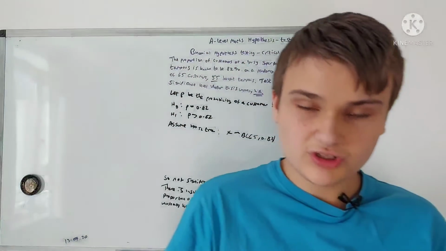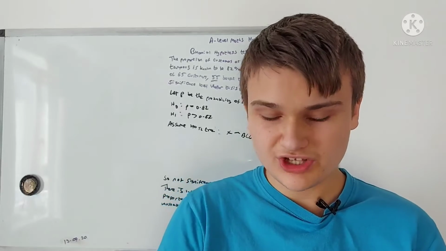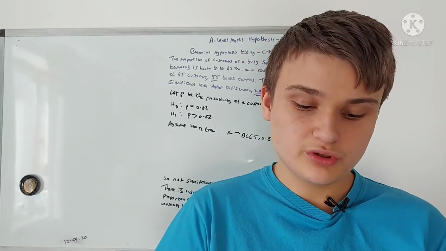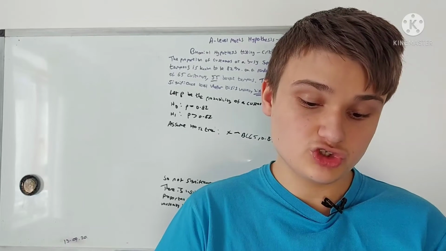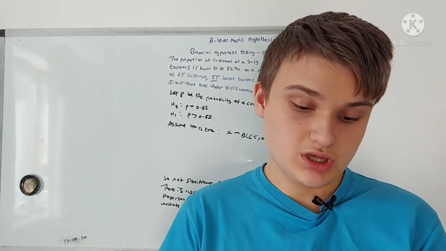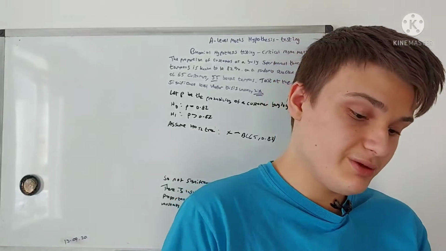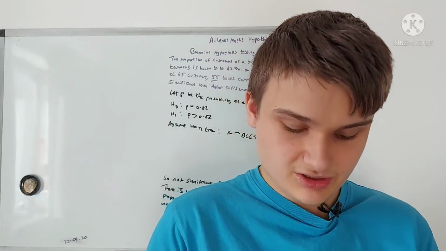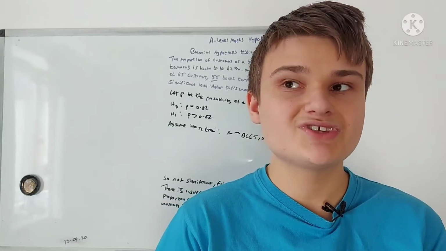So, calculator, Casio ClassWiz. I would use the NumWorks, but I don't know how many people have that, so I might as well teach you off this. So, we're going to go into distribution, so number 7. You're going to pick the binomial, and you're going to pick binomial CD, and you're going to pick list.